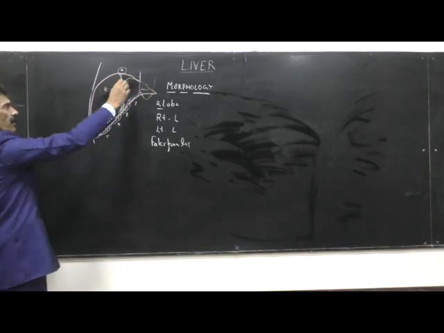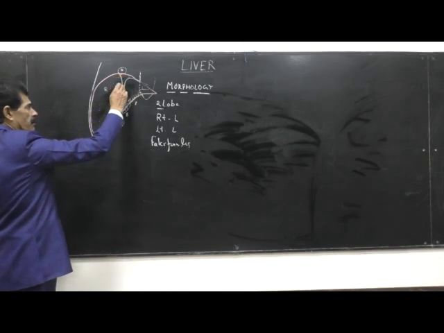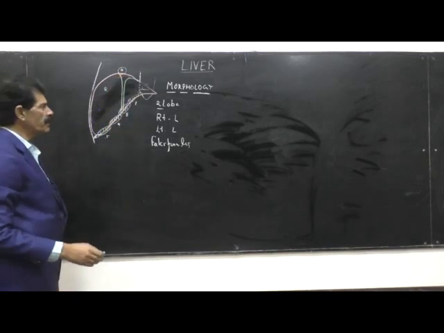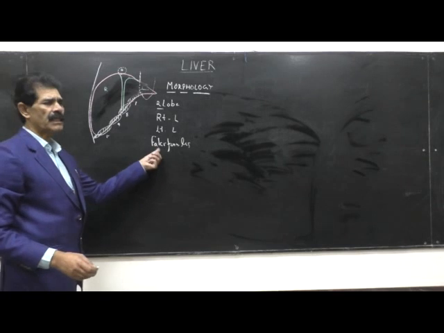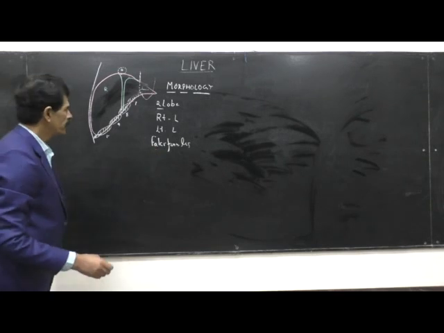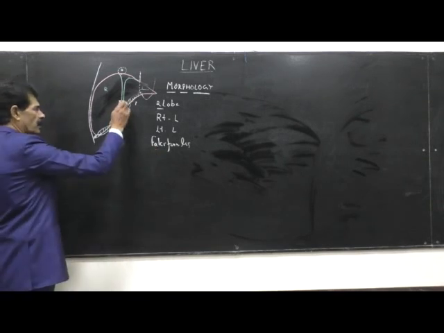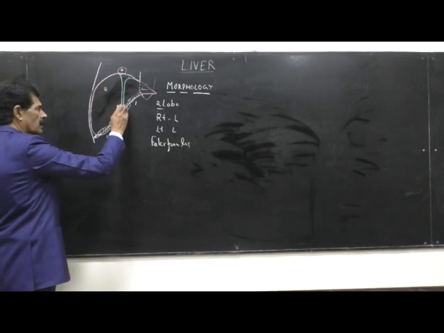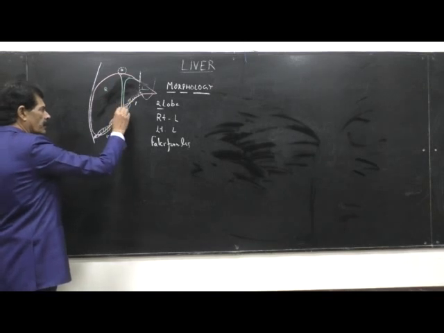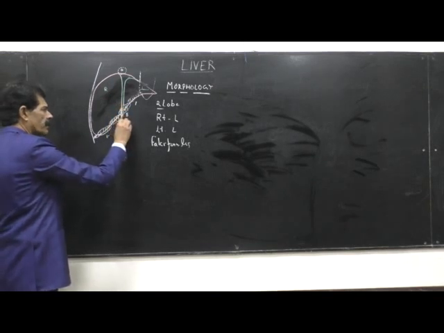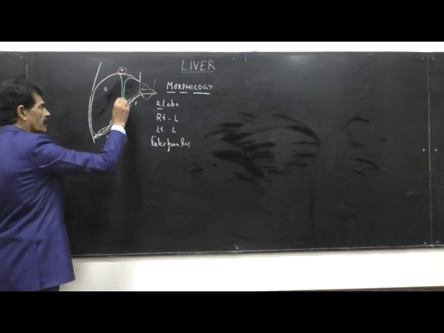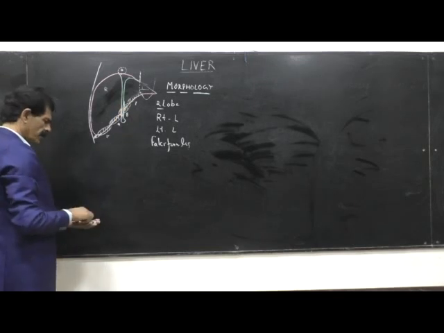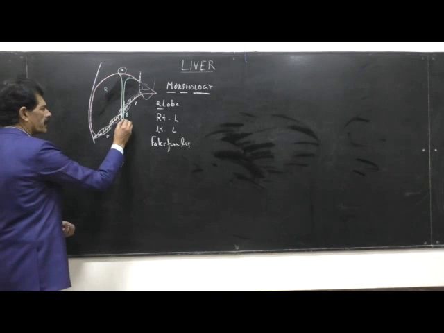This double fold of the peritoneum is called the falciform ligament, which is sickle shaped and attaches the liver to the umbilicus. The lower free border of this sickle shaped falciform ligament contains the obliterated left umbilical vein.